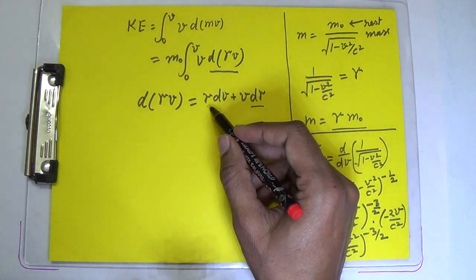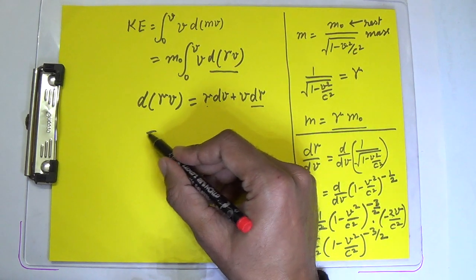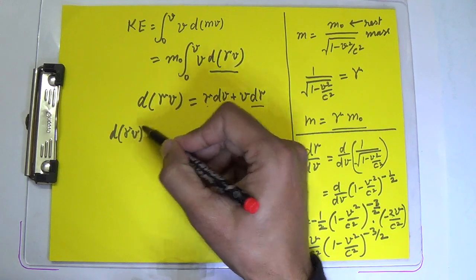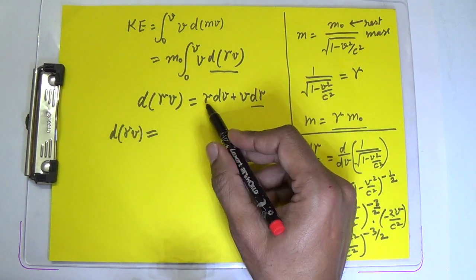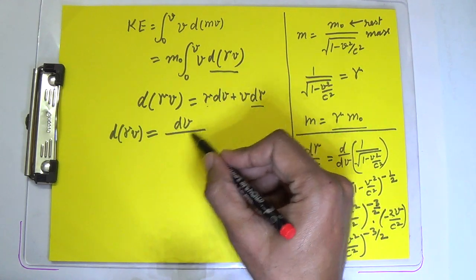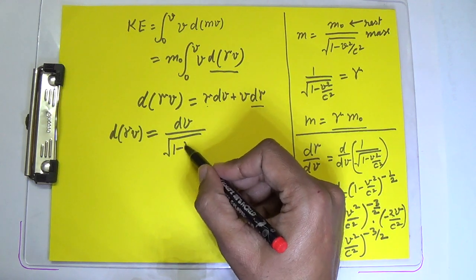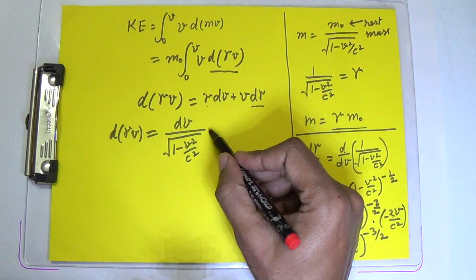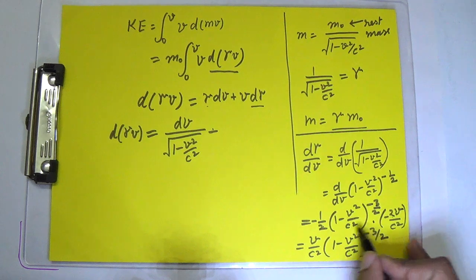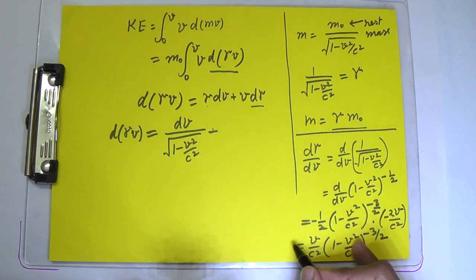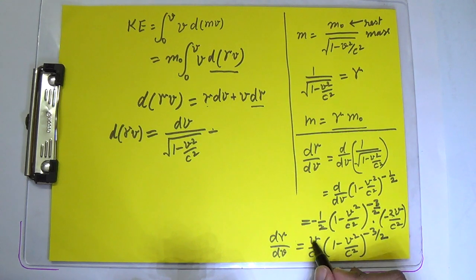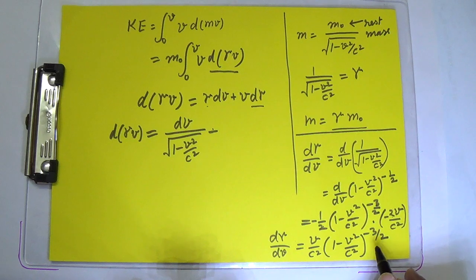Now we can put the value here. So d(gamma v) is equal to this gamma dv. Now I am putting the value of gamma here, so this is dv upon the square root of 1 minus v square upon c square. Then v d gamma: this is d gamma now, and d gamma is equal to v upon c square and this dv.